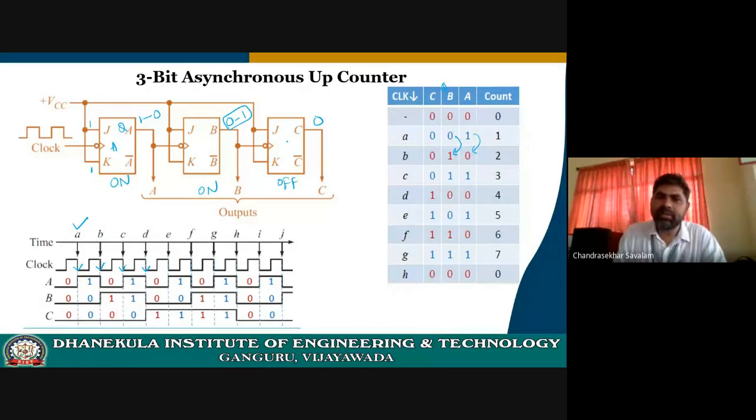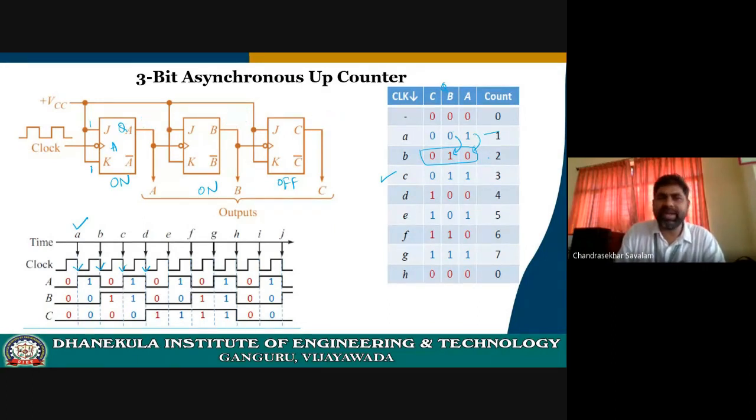Off means it stays in the previous state, which is 0, and the next state is also 0. That's how you got 0, 1, 0. So 0, 0, 1 is the previous state and 0, 1, 0 is the next state. To calculate the next output, take this as the present input, replace all this, and apply the next clock.